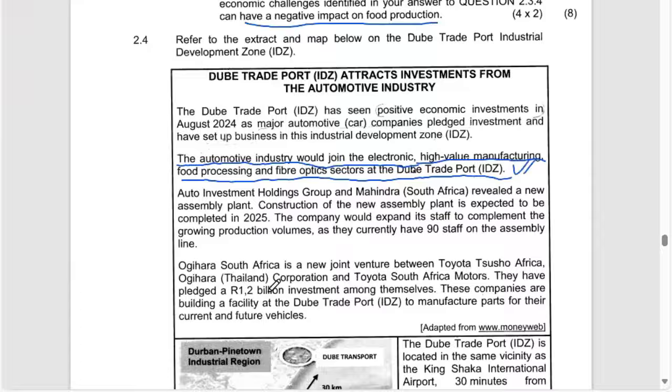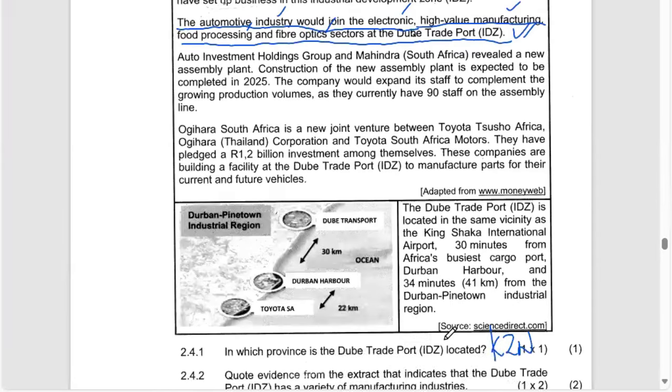So this is where we get a variety, because one, we're having the automotive, and it is joining electronic, and also there's high-value manufacturing, there's food processing, there's fiber optics. All those are found in the Dube Trade Port Industrial Development Zone.